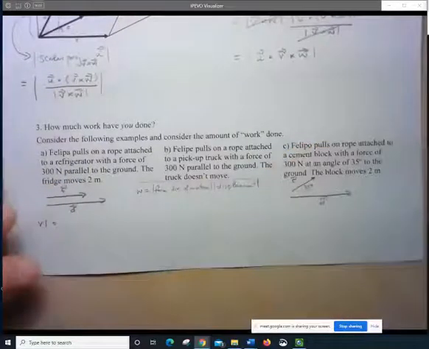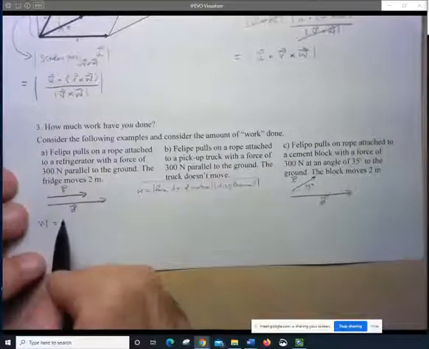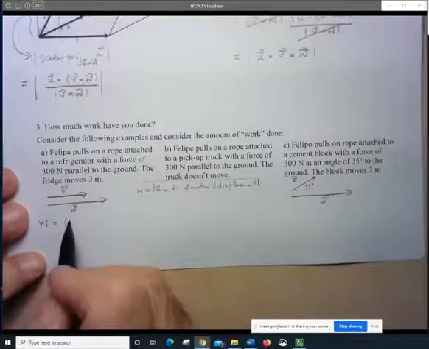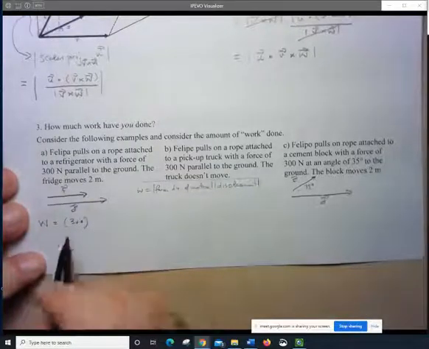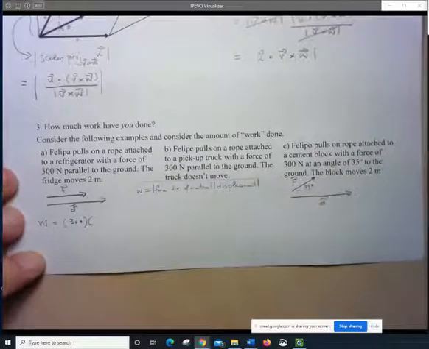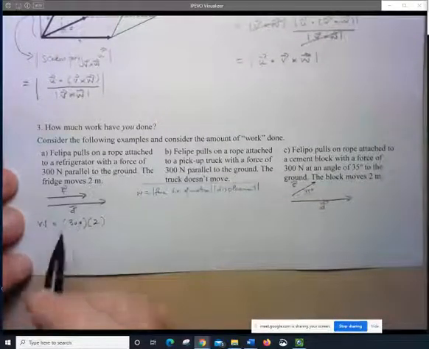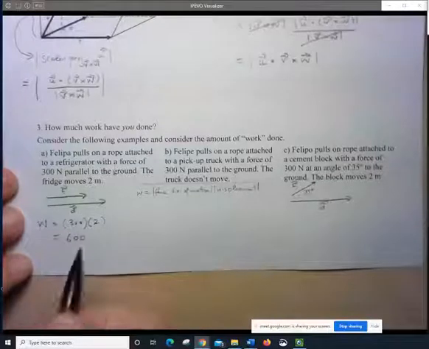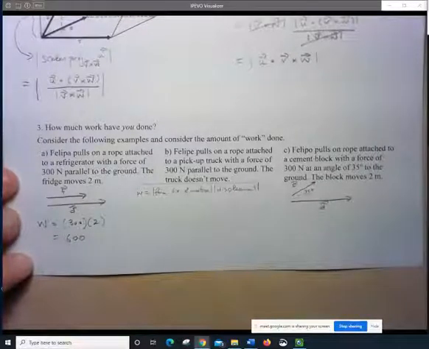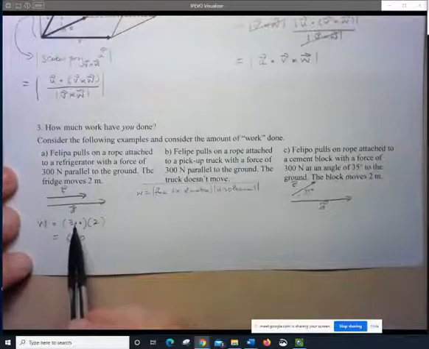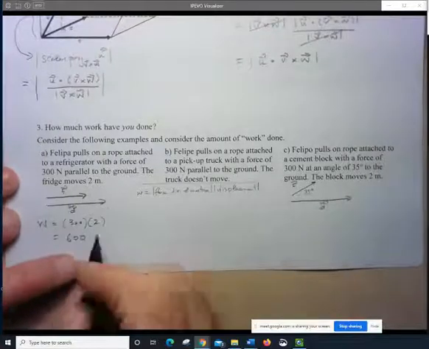Okay, so here, we see that the magnitude of force is 300, and then what is the displacement? 2 meters. Okay, and so here we have 600. Now you've got force given in newtons, and distance given in meters.